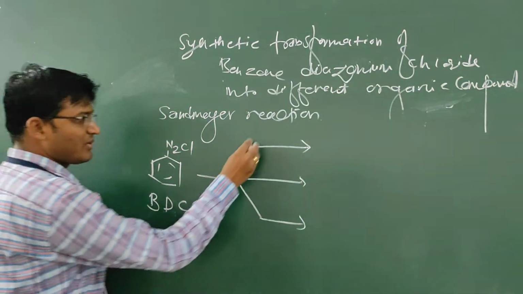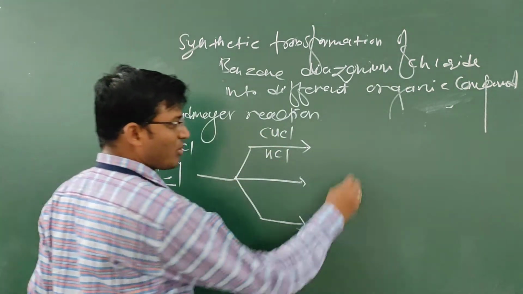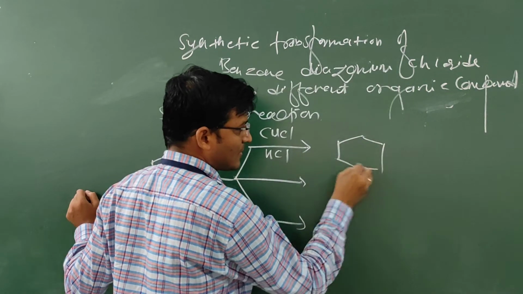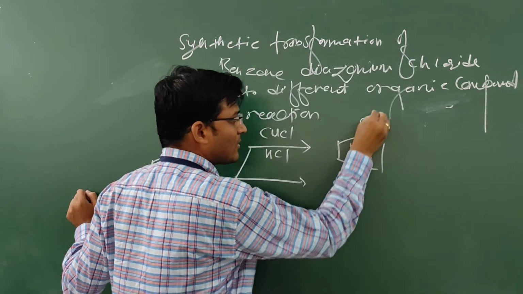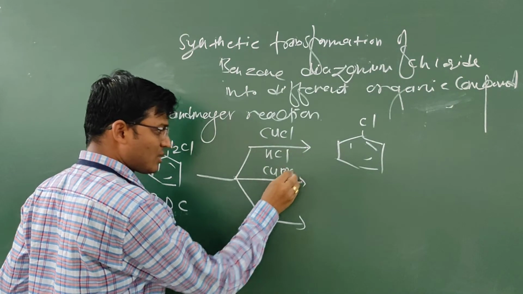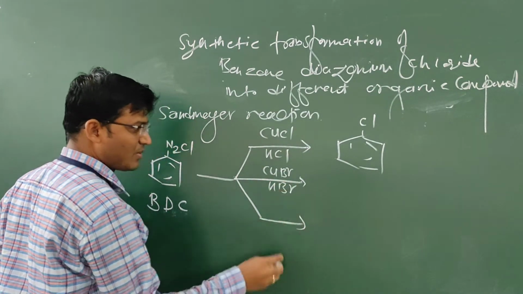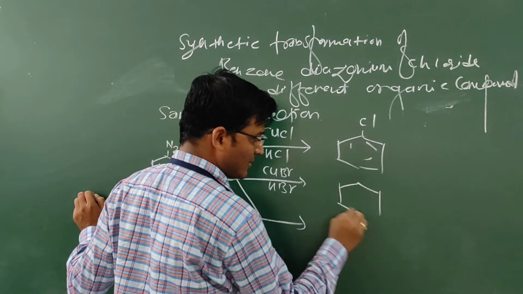When BDC reacts with CuCl in HCl, it forms chlorobenzene. When benzene diazonium chloride reacts with CuBr in HBr, it forms bromobenzene.